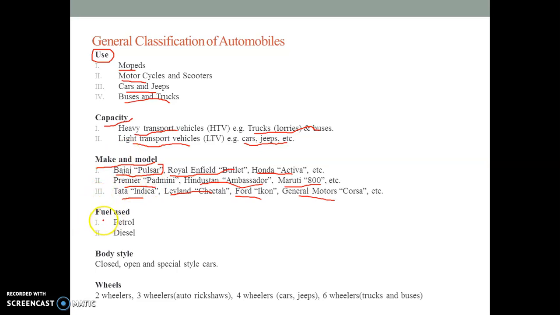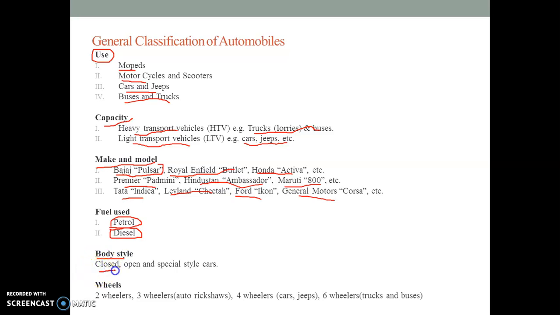Now, automobiles can also be classified according to the type of fuel used. Basically, you can classify based on petrol and diesel. The next classification is body style.